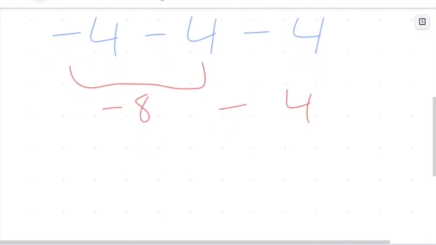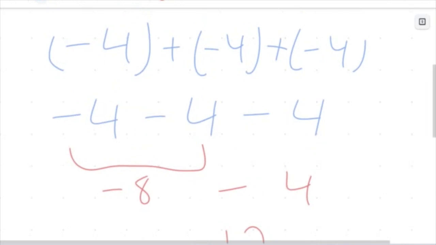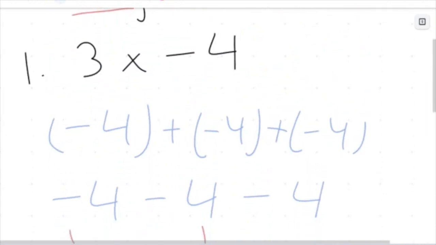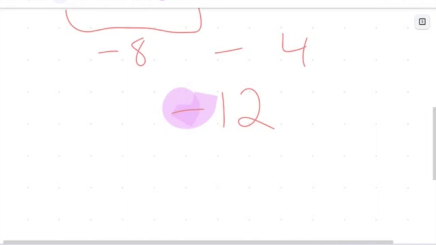Negative 8 minus 4, my number's still getting smaller, so I'm going 4 positions to the left side of my number line. So my answer here is going to be minus 12. So it's very similar to what we did with our regular multiplication, but you can see that this negative led to a negative answer here as well.